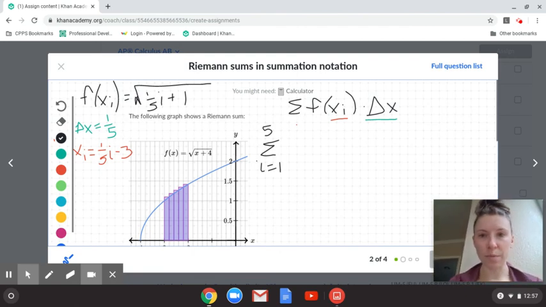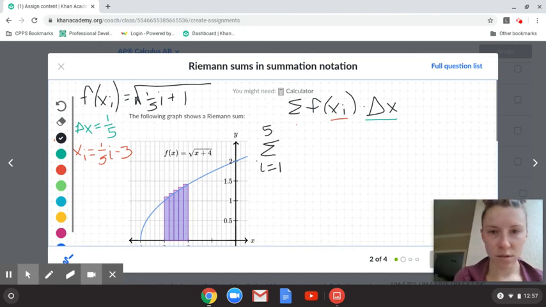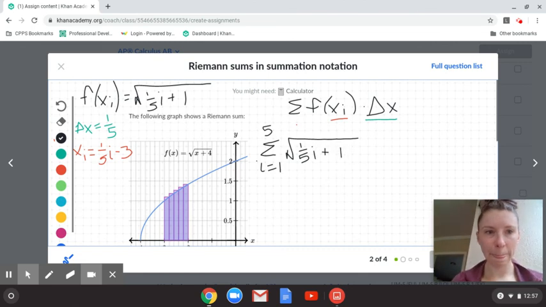Okay, so we first put our f of x sub I, and that's that big square root thing. So our square root of 1/5 I plus 1. And then we need to times our f of x sub I by our change of x, which is 1/5. So times it by our 1/5.